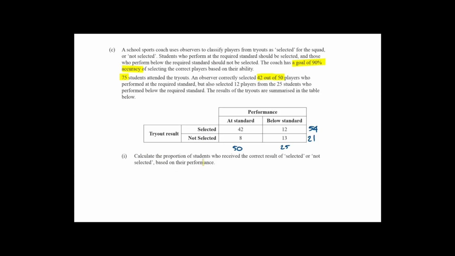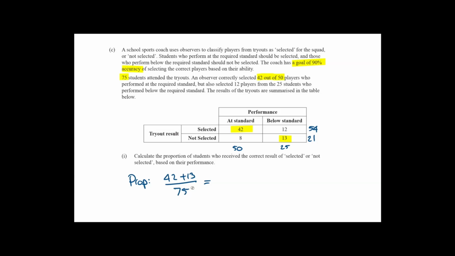Calculate the probability of students who receive the correct selected or not selected decision based on their performance. Well, if it's correct, then it's a true positive and a true negative, so it's those two combined. So the proportion is going to be 42 plus 13 out of how many students? Well, it's not 100, it's 75 students.